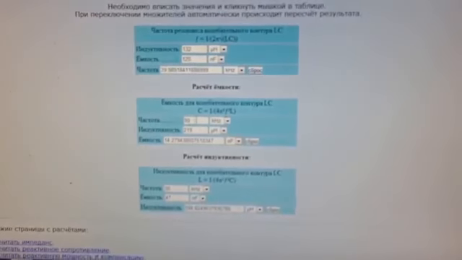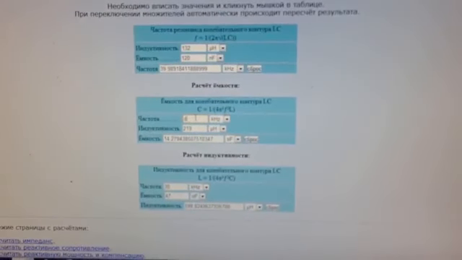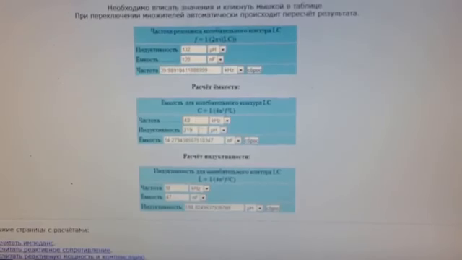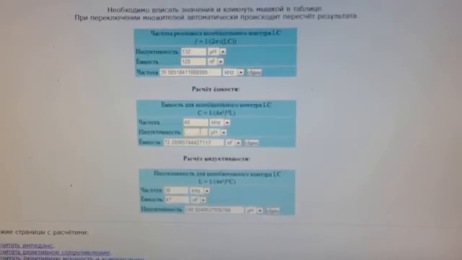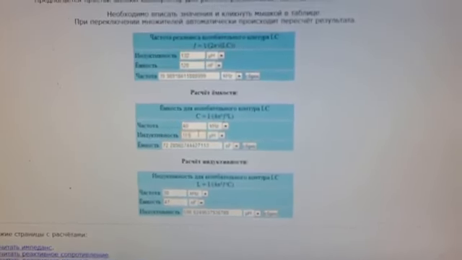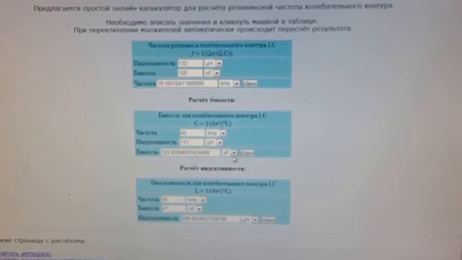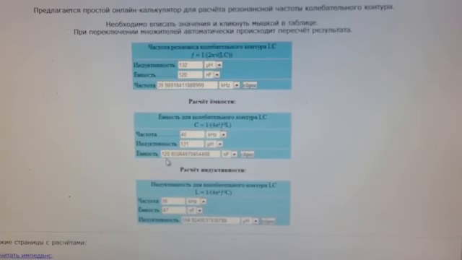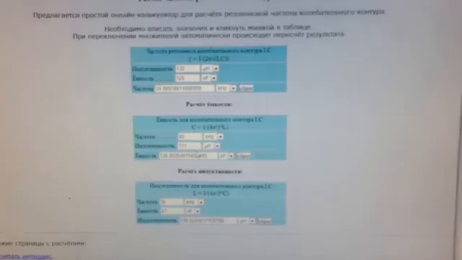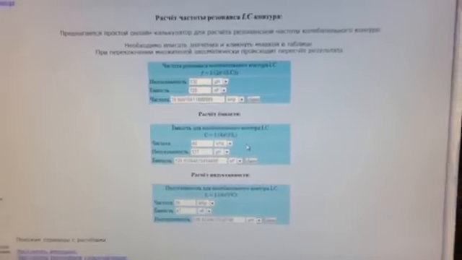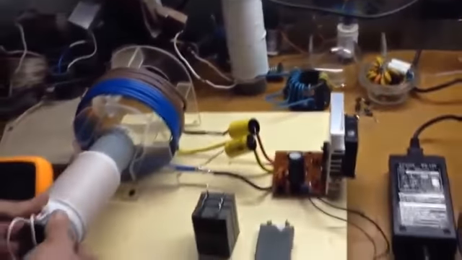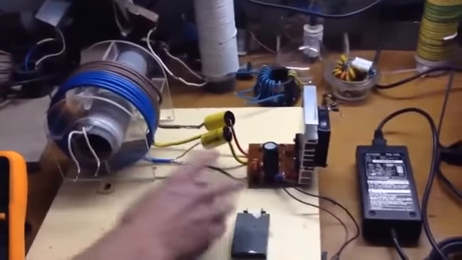We're going to go to the online calculator. So we put in 40 kilohertz and 131 microhenries inductance. So we have 121 nanofarads of capacitance required to tune that circuit to the desired frequency.